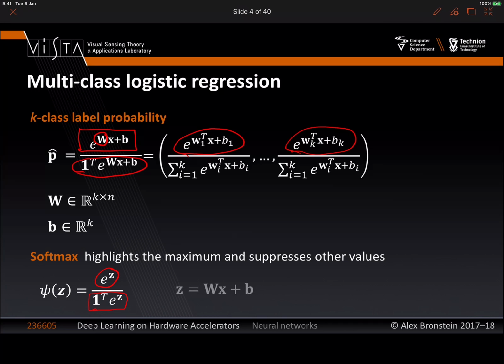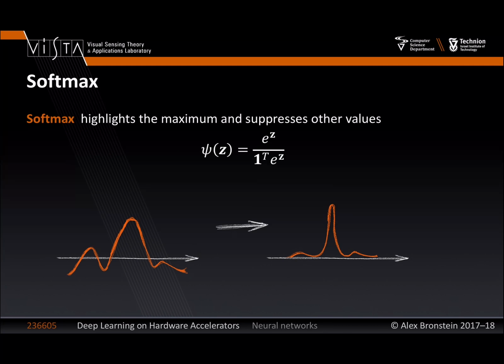So if I start with this z that is given by my linear hypothesis, these are the values of z. The range of z is continuous, is R, right? But now I pass it through a softmax. First of all, I have only positive values, and they also sum to 1.